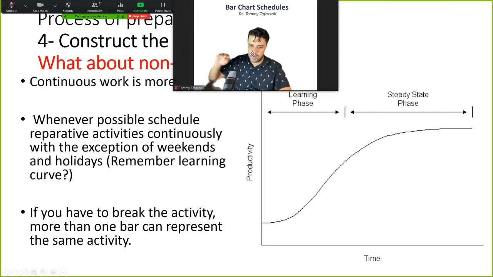It means the productivity will not improve much, but actually this is a good part. Productivity is low throughout the learning phase. Once you reach the steady phase, you want to keep it in the steady phase as much as you can.